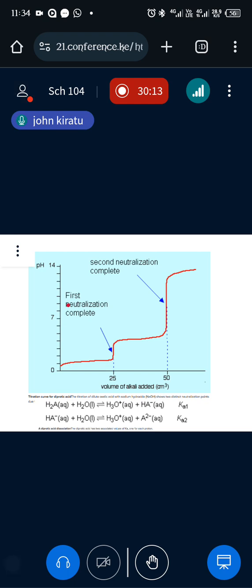Then the number of equivalence points depends on the number of H's available. If it's HCl, we know it has one H, so we'll have only one equivalence point. If it's an acid with two hydrogens, like sulfuric acid, then you expect two equivalence points, and so forth. Okay, I hope that's clear.